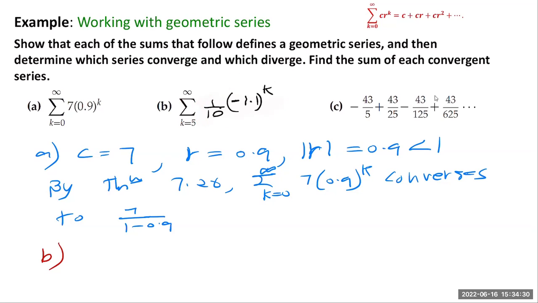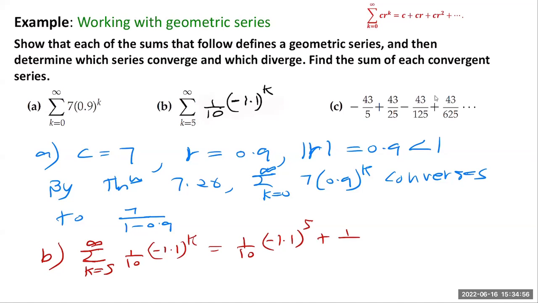So let's write the expanded version of the series. The sum from k equals 5 to infinity of 1 over 10 times minus 1.1 to the power k is equal to 1 over 10 times minus 1.1 to the power 5, plus 1 over 10 times minus 1.1 to the power 6, plus 1 over 10 times minus 1.1 to the power 7, plus dot dot dot.